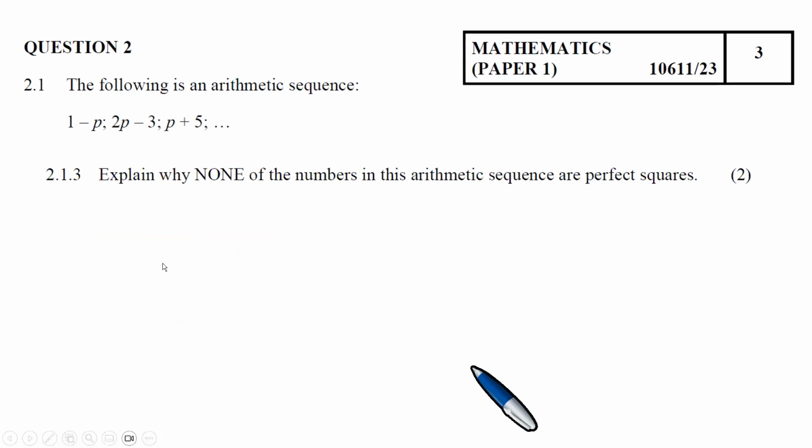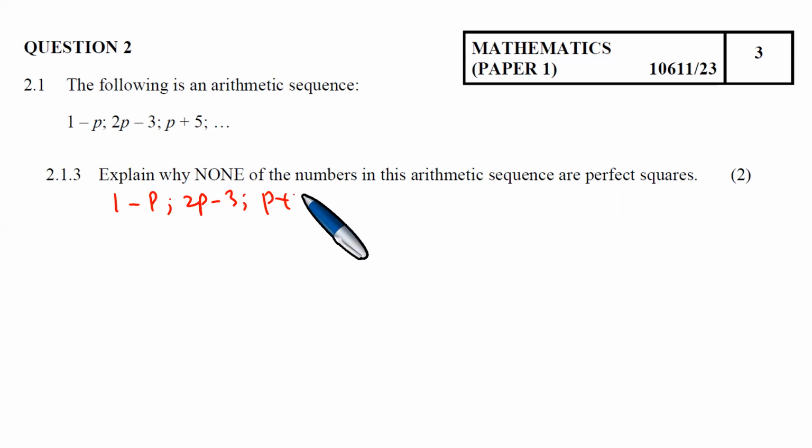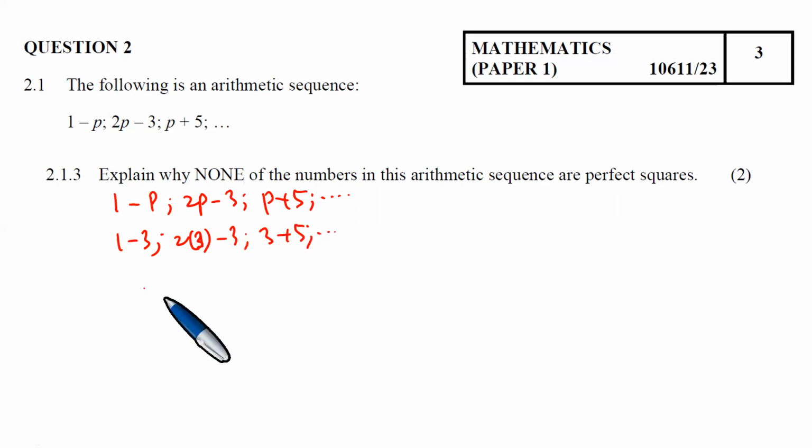The next question focuses on explaining why none of the numbers in this arithmetic sequence are perfect squares. Let's look at the sequence, which is 1 minus p, twice p minus 3, and p plus 5, etc. You have 1 minus 3, you have twice 3 minus 3, you have 3 plus 5, and you continue.